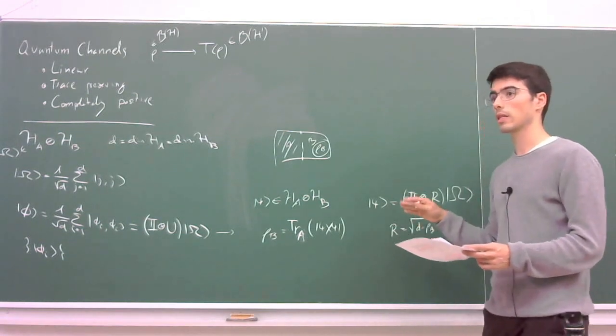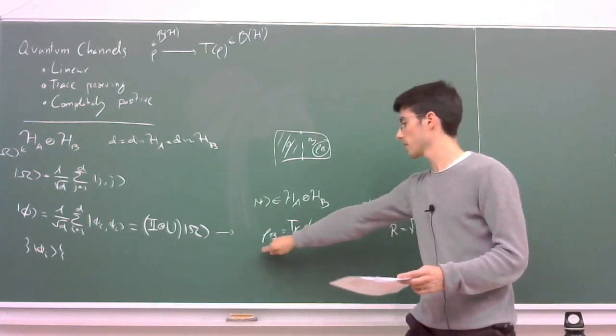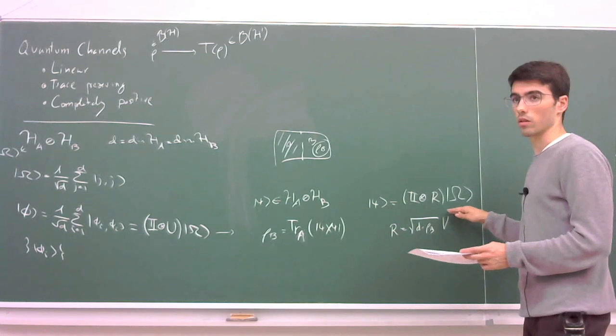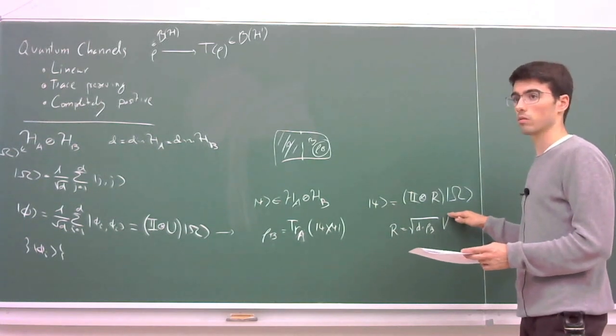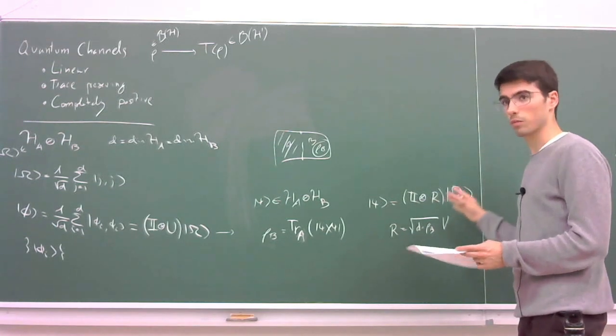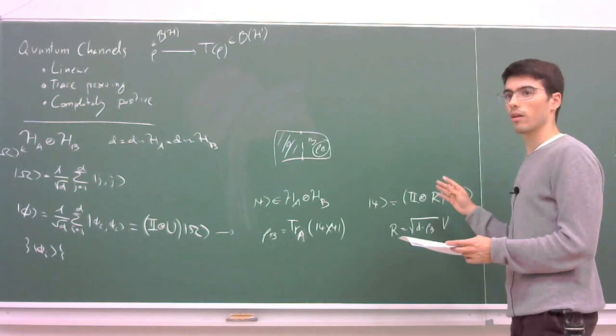The important idea is that we can write a purification of any state rho B as a transformation of the maximally entangled state. The mathematical part behind this property is not that difficult, but it could take a while.